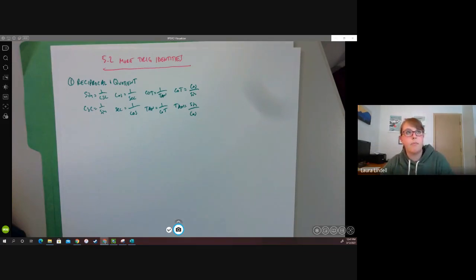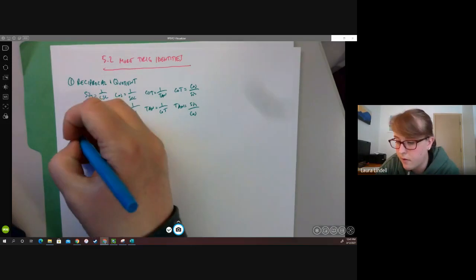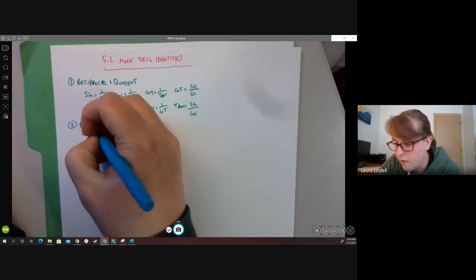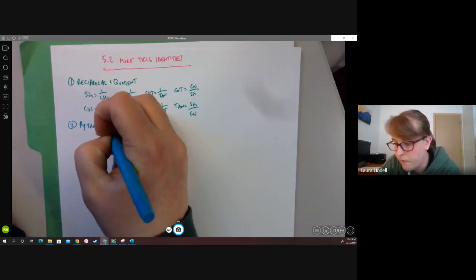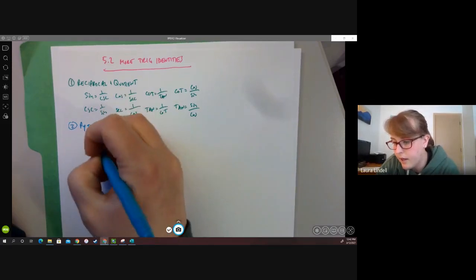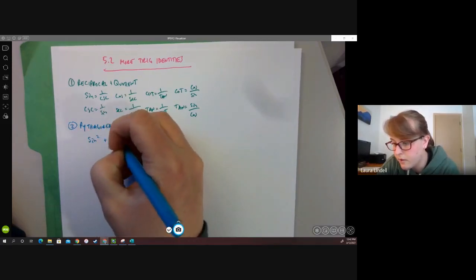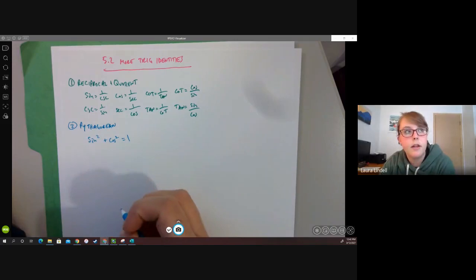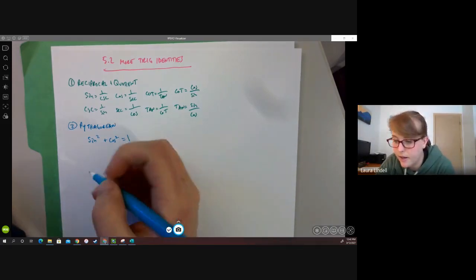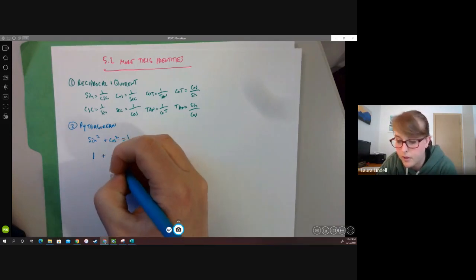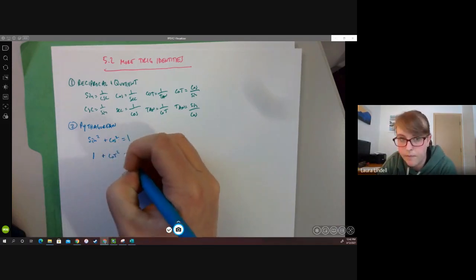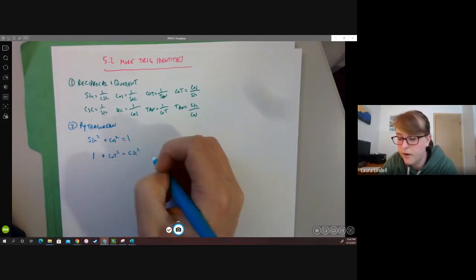And then we also had the Pythagorean identities. So that was sine squared plus cosine squared equals 1. And then if we were to divide through by sine squared, we would get 1 plus cotangent squared equals cosecant squared.